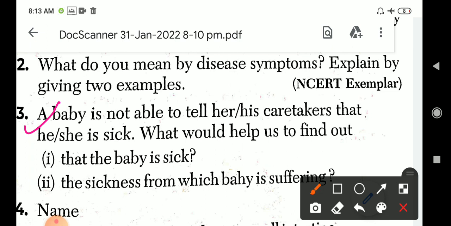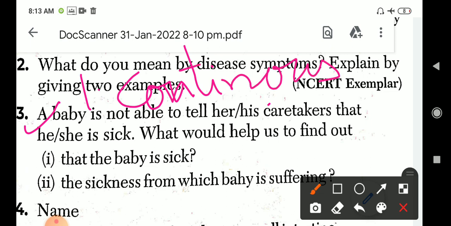What would help us to find out that the baby is sick? Because the baby is too small, he is not able to tell the problem. Then the symptoms will be, number one, it may be continuous crying. Then you will understand that the baby is not well, something is the problem. Second may be the drooping of eye.